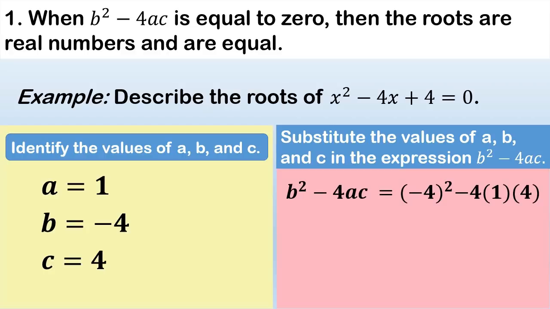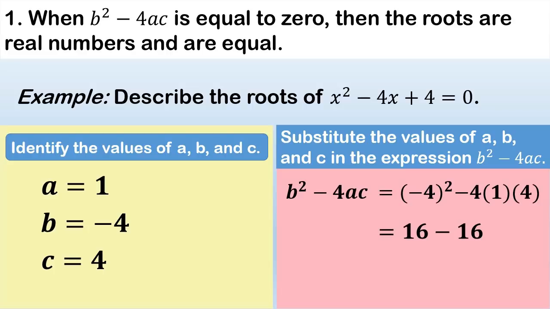Negative 4 squared is equal to, so we all know that when we are multiplying negative times negative, the answer is positive. So negative 4 squared is equal to 16 minus 4 times 1 is equal to 4. 4 times 4 is equal to 16. That's why we have here 16 minus 16.